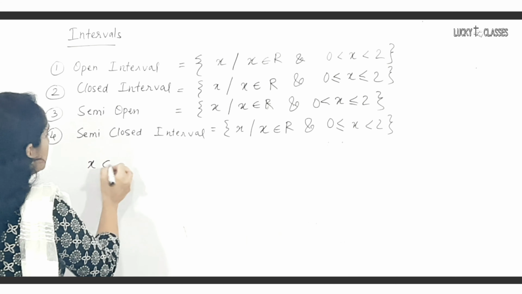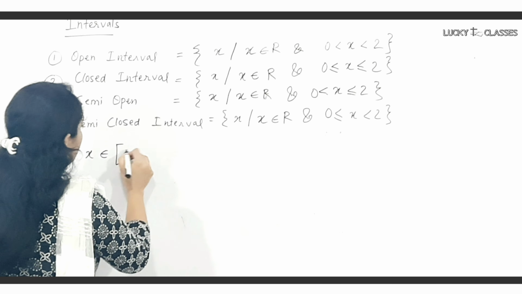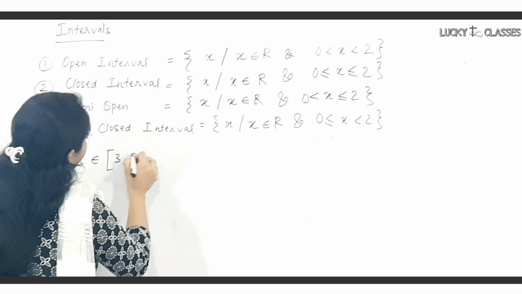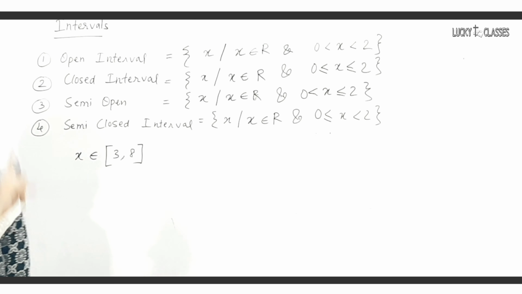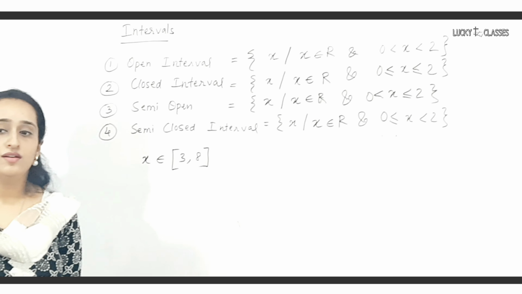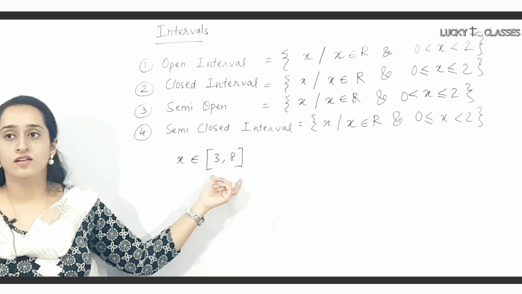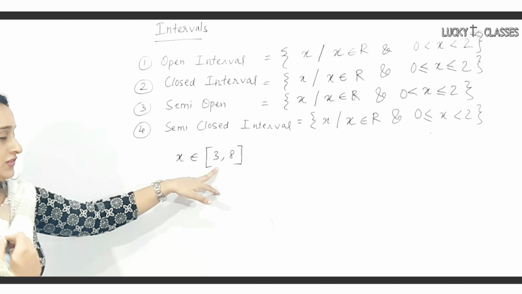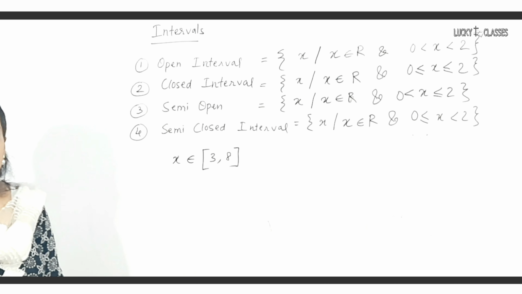If I say x belongs to closed interval 3, 8, what does it mean? One second, I'll ask one by one. Amit. Ma'am, x is a real number. Can you tell me in set builder form?